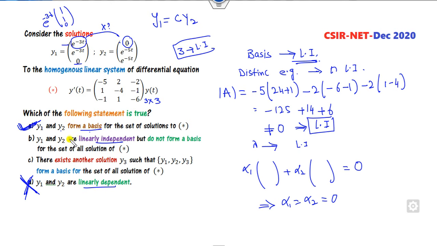So y1 and y2 are LI, that's correct, but they do not form a basis for the set. For a basis it must have 3 LI vectors, but that is not there. So this forms an LI set but not a basis. Does there exist a y3? Yes, true, so that it forms a basis corresponding to the third eigenvalue. So it will be here.